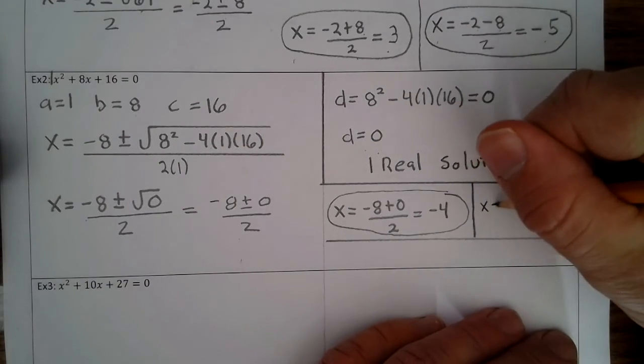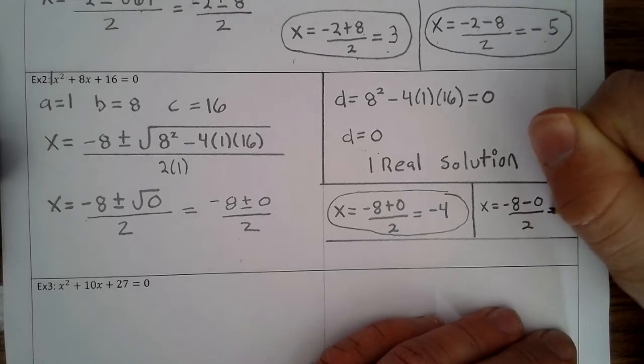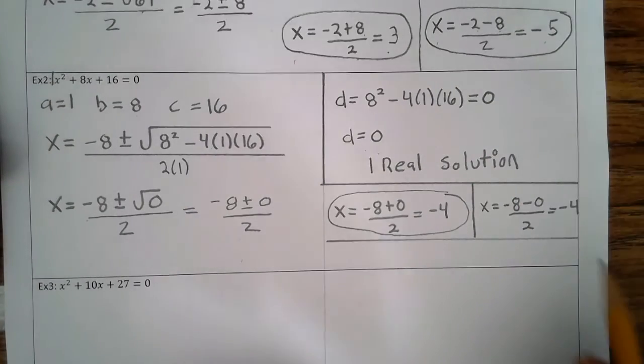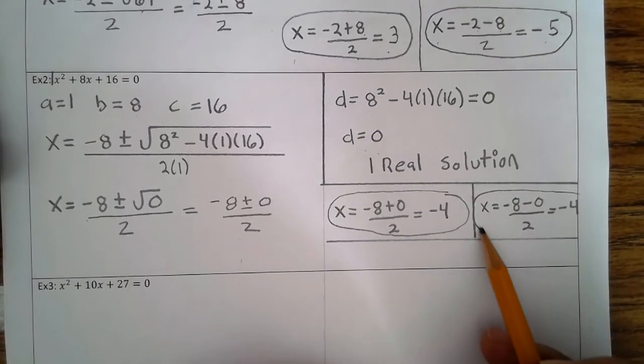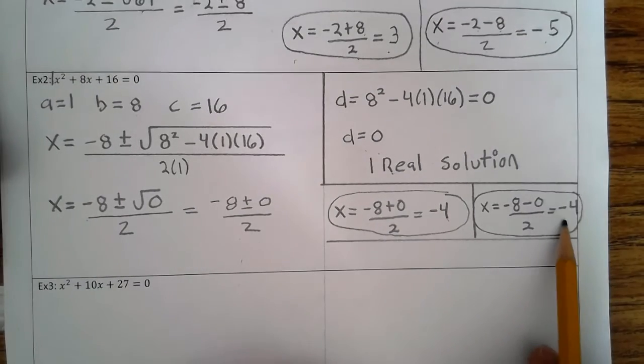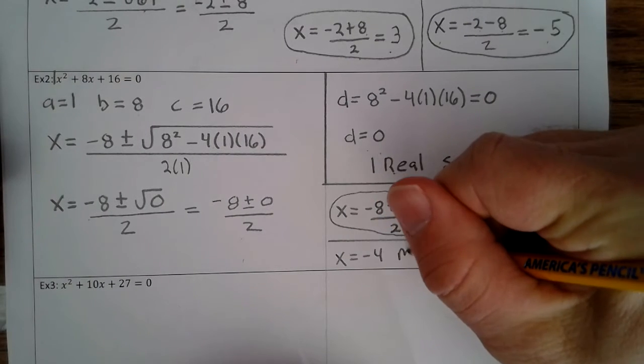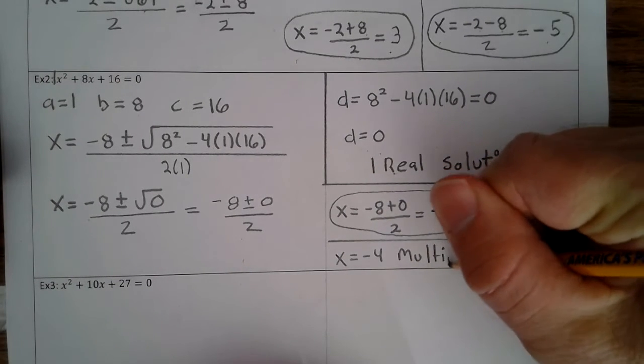And x equals negative 8 minus 0 divided by 2, which again equals negative 4. There's one real solution, but because we got the same number twice, we say x equals negative 4 has multiplicity 2.